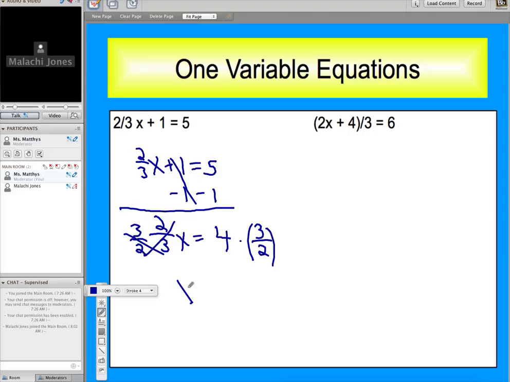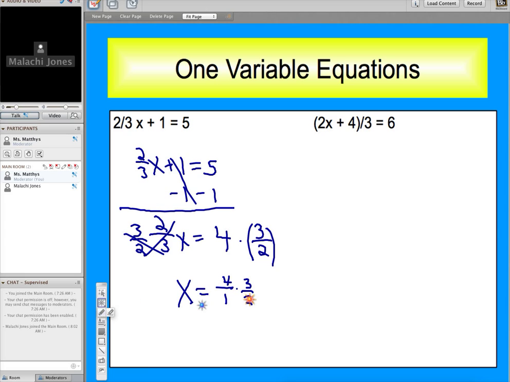All right, so now x is isolated on the left, but we have 4 times 3 halves. What do you think? You would put the 4 over 1. Can I cancel anything out? The 4 and 2.